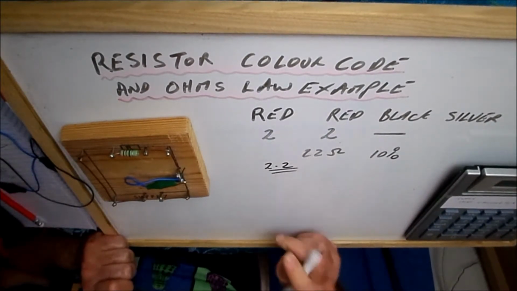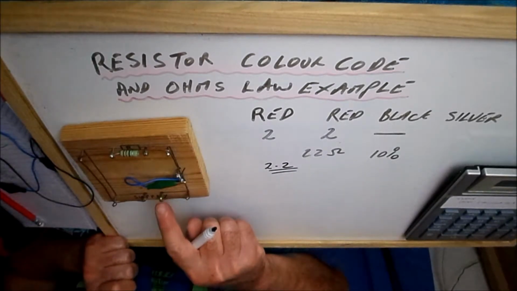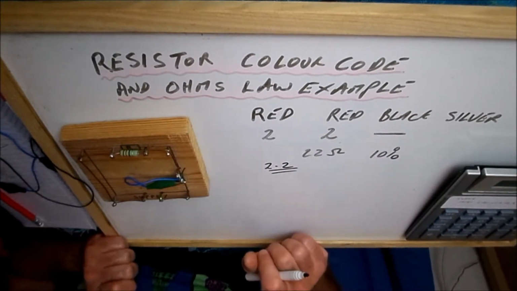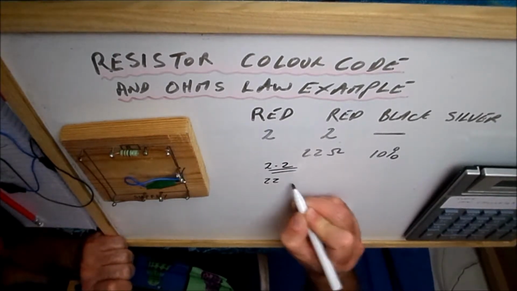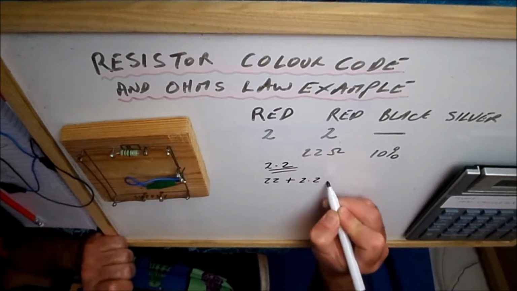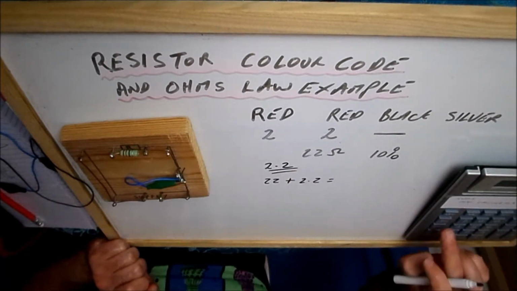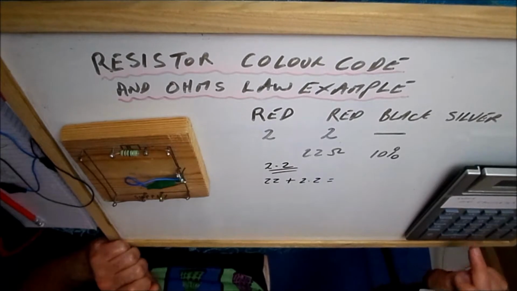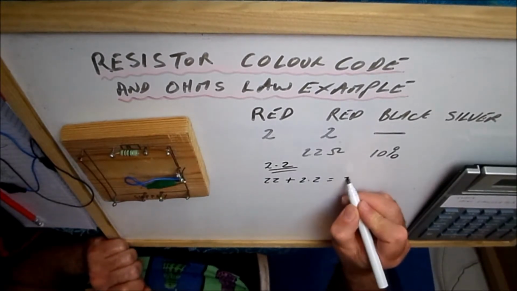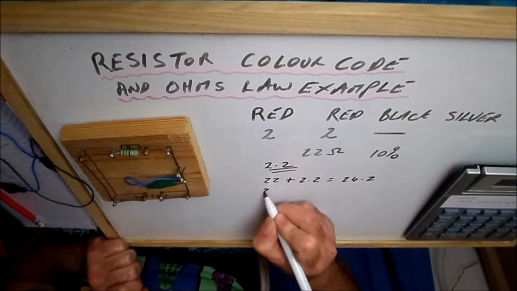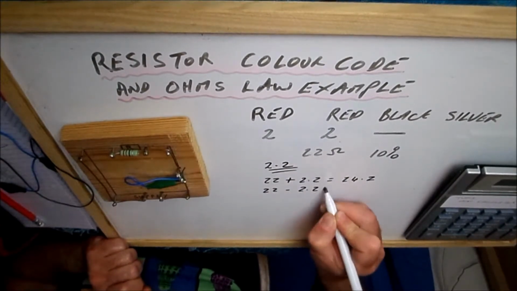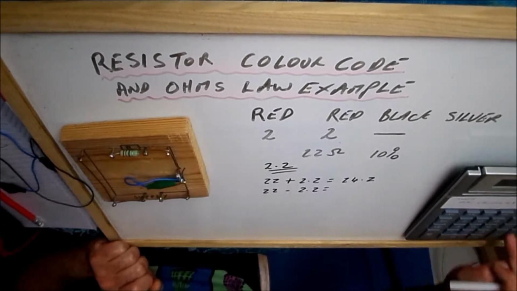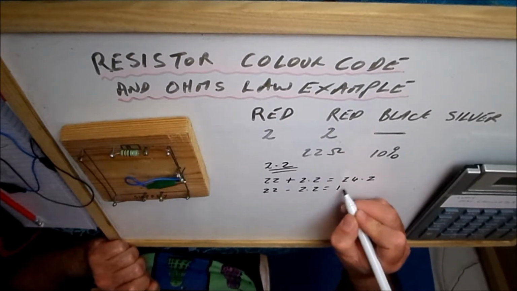So what that means is the resistor value, the measured value, can be 22 plus or minus 2.2. So 22 plus 2.2 is going to equal, and this will then give us the range, 24.2, and 22 minus 2.2 equals 19.8.